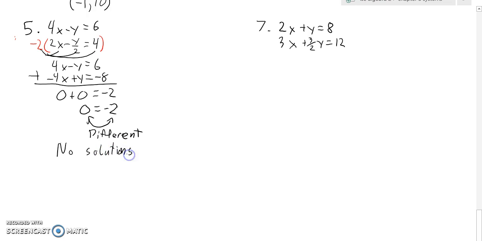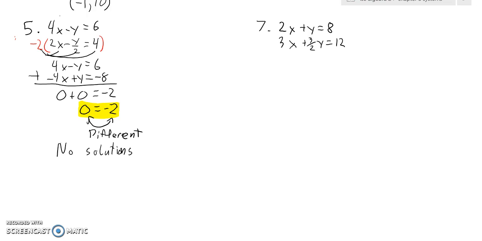No solutions. So very important, this idea that when you get your answer, doesn't matter whether you're using substitution or elimination, if you get the x's and y's cancel out and one number equals a different number, which is not true, then there are no solutions.